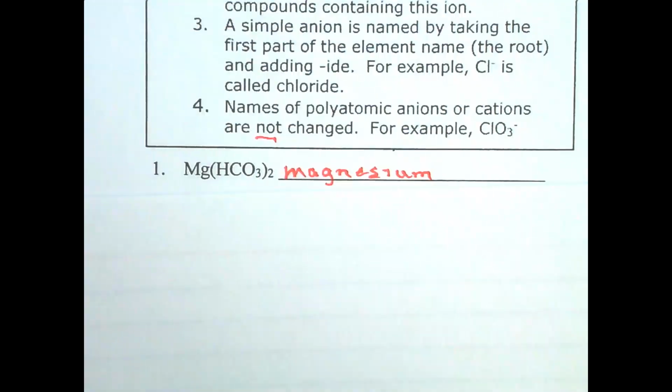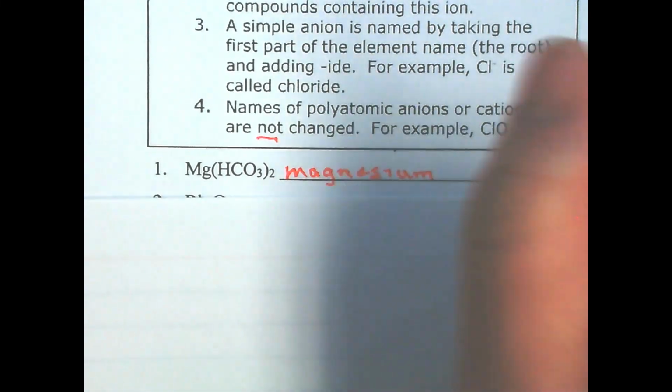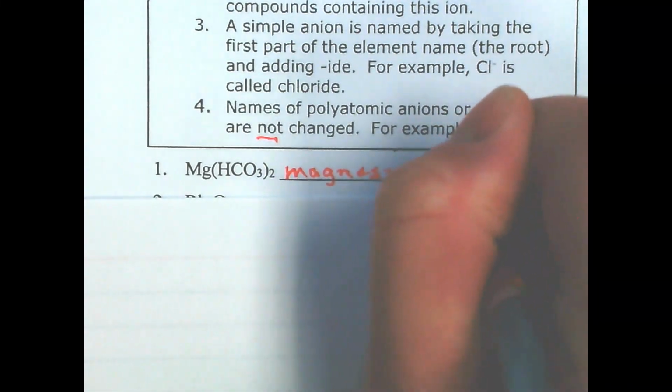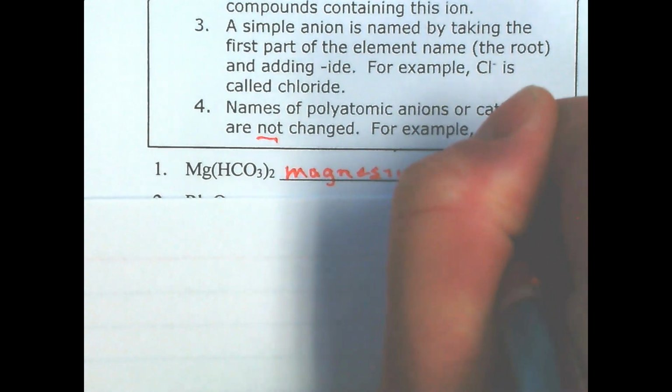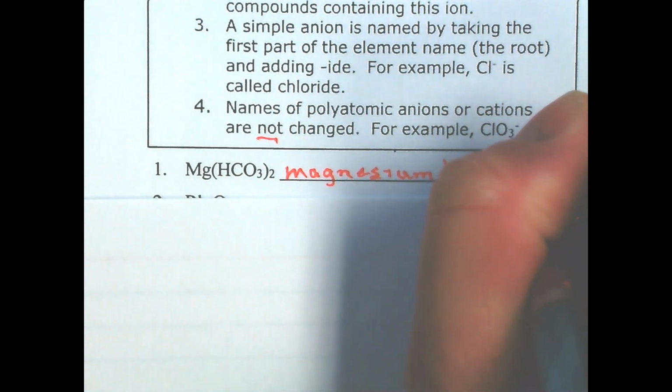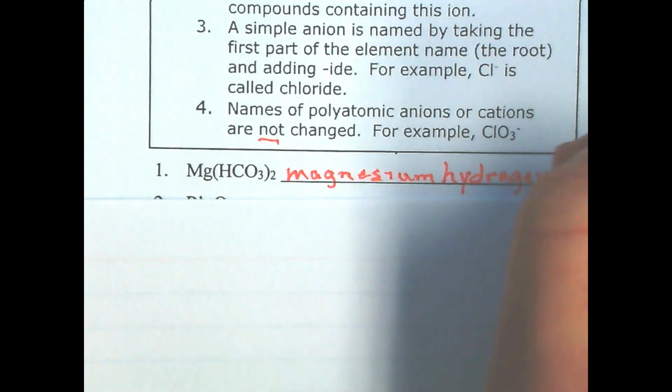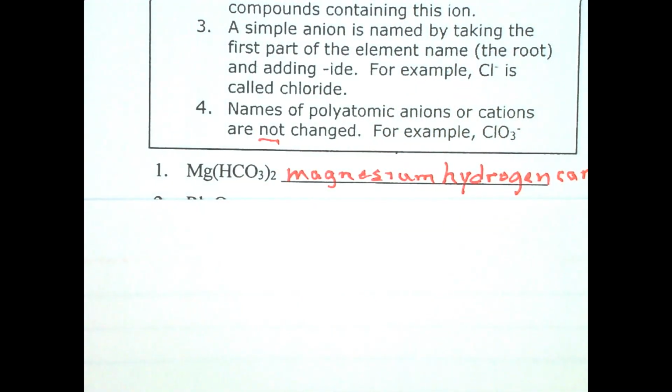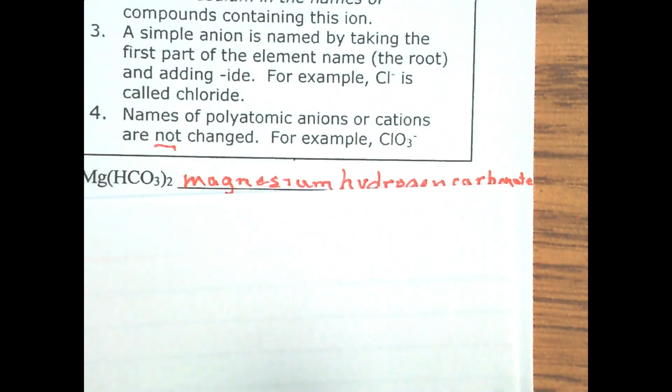They mean the same thing. So I'll put hydrogen carbonate this time. Notice I did not change the ending to IDE, hydrogen carbonate, because it's a polyatomic ion. You're never going to change the name of a polyatomic. And I ran out of room, but carbonate should be sort of squeezed in there.